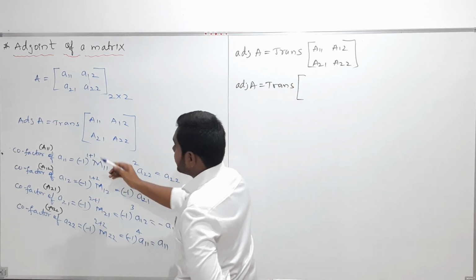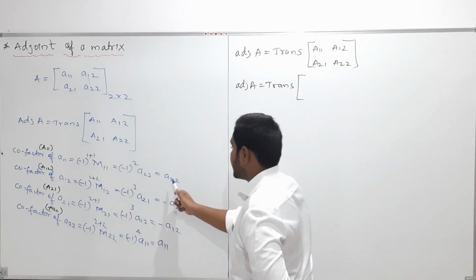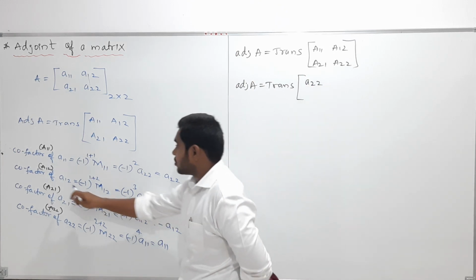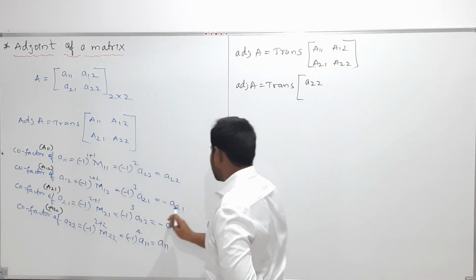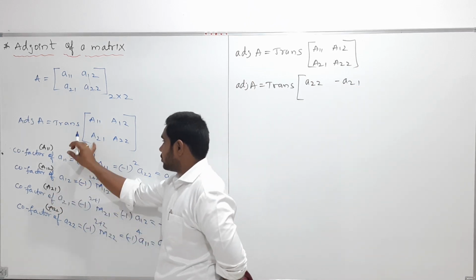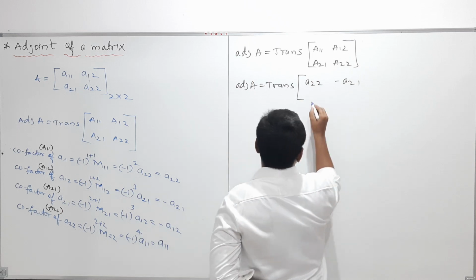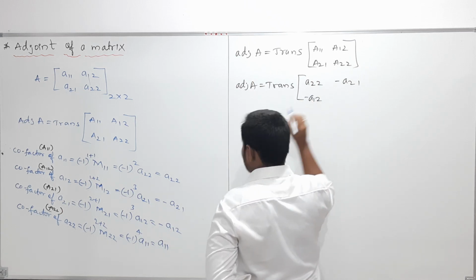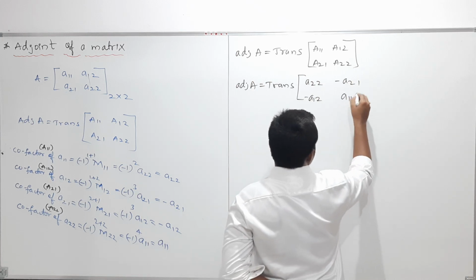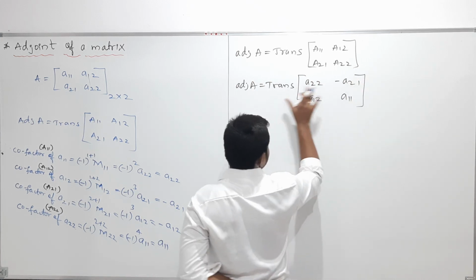What is A11? I already calculated. This is A22. And in the place of A12 it is minus A21, and in the place of A21 the value is minus A12, and this A22 value is A11. Now we should take the transpose of this.